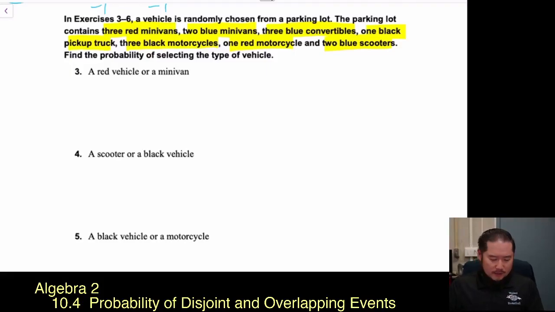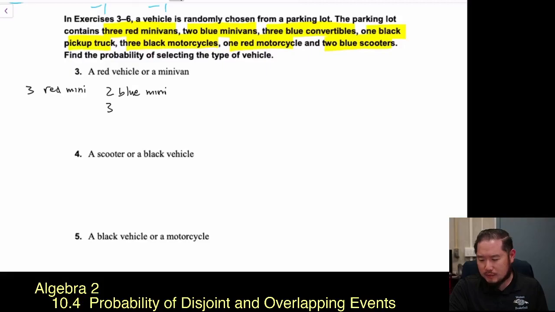Okay, well, let's split things up right here. Let me organize some of our info. We have 3 red minivans. Just going to go ahead and organize information. We have 2 blue minivans.